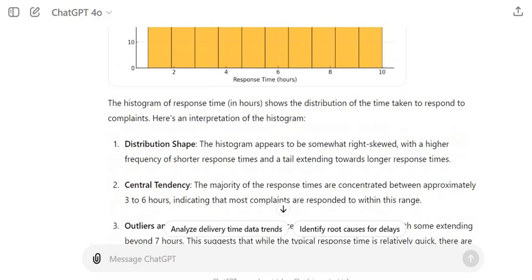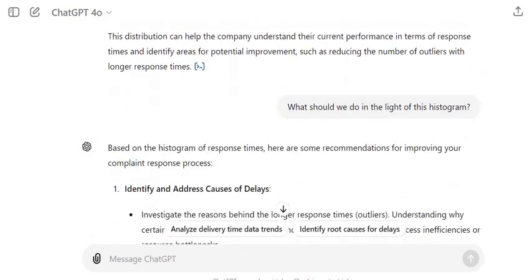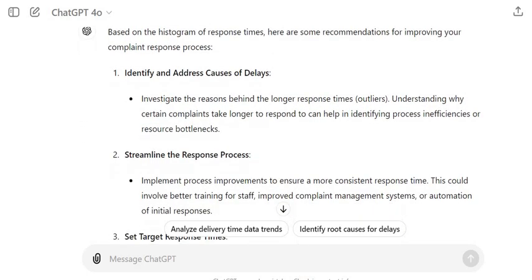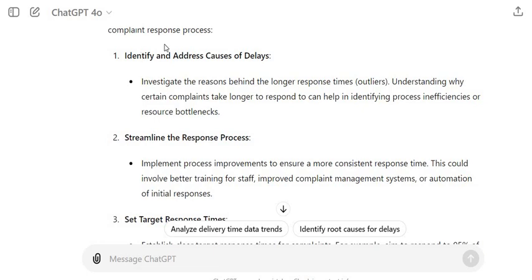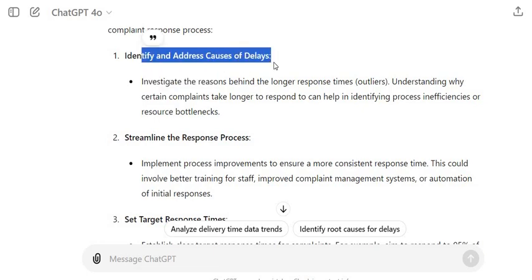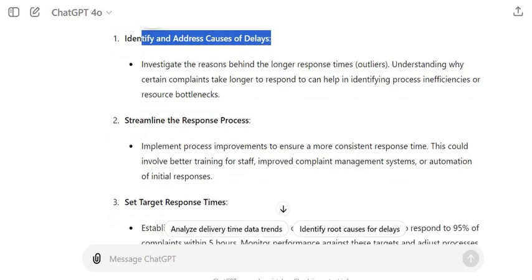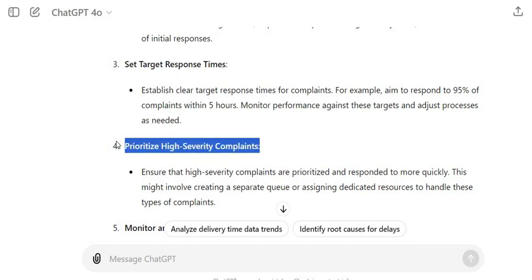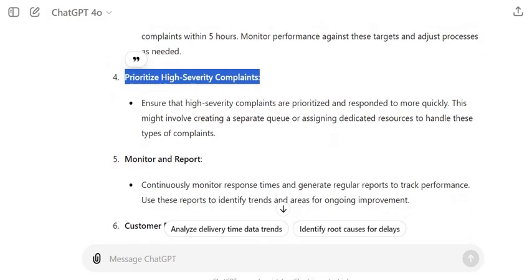Okay, so next I asked it what we should do in light of this histogram. It tells us to identify and address causes of delays, as we just said, streamline the response process, set target response time, and prioritize high severity complaints, which we will look into later.